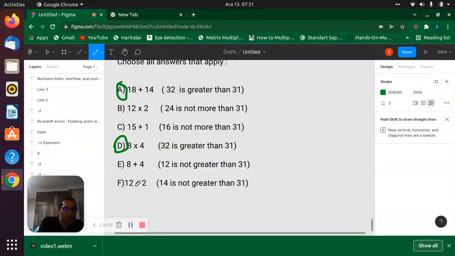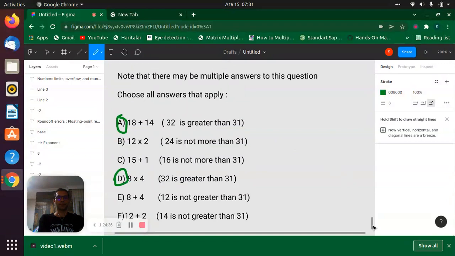This one is not greater than this number, and this one is not greater either. So we have these two correct answers here. They are greater than 31, I mean 5 powers of 2, and really there is an overflow problem.